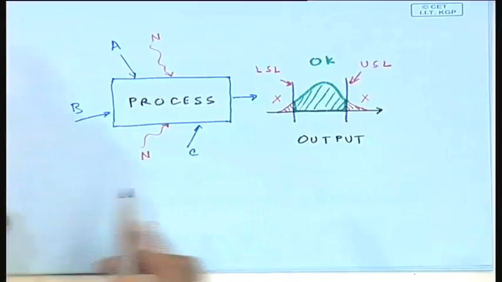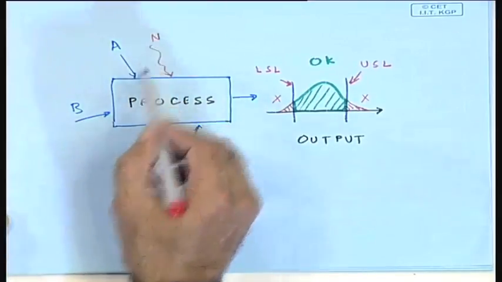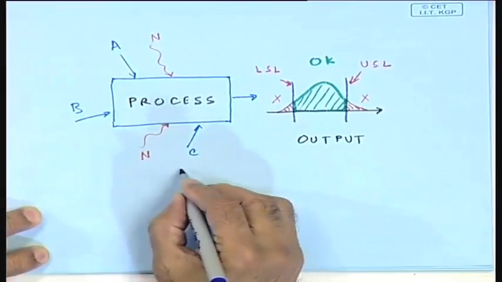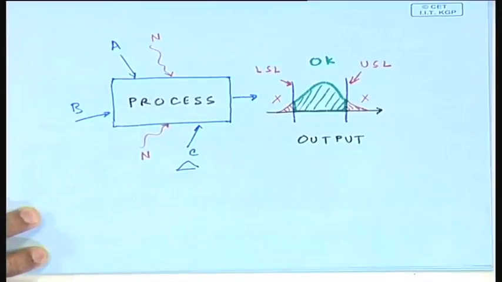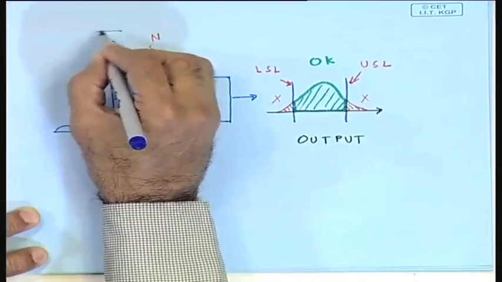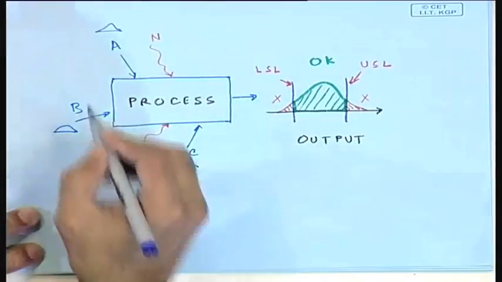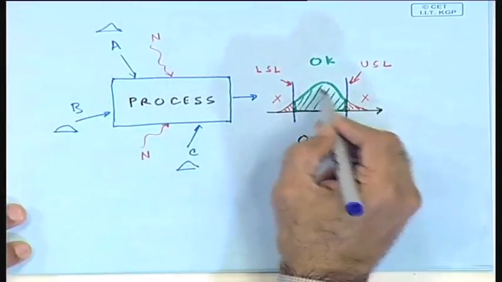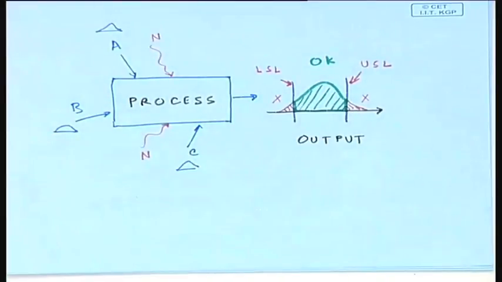And this can happen not only because of variations in the noise factors, which you are not controlling, but it's also very possible that the process variables themselves have some variation. Each of the process variables that you set at the set point may also have some variation. Because of that, these variations impact the process, and the result is some inflated variation in the output of the process itself.